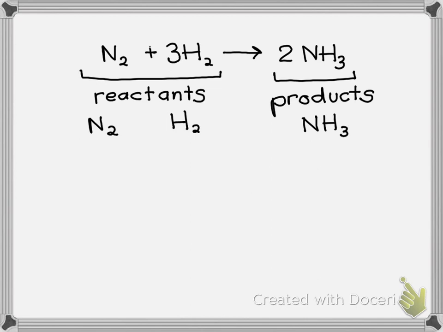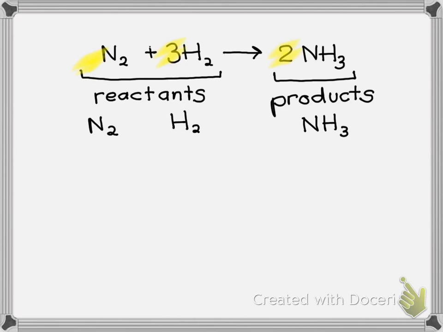Now the other thing that we can do is use the coefficients from the balanced chemical equation to give a relationship that's very important to us in this chapter. So the coefficients, remember I'm using a highlighter, are these numbers here in front of the formulas. And we can relate those numbers to the relative number of moles of each one of our reaction components.